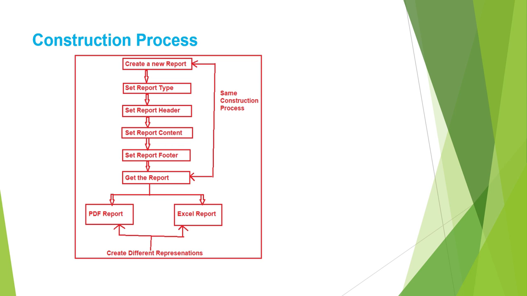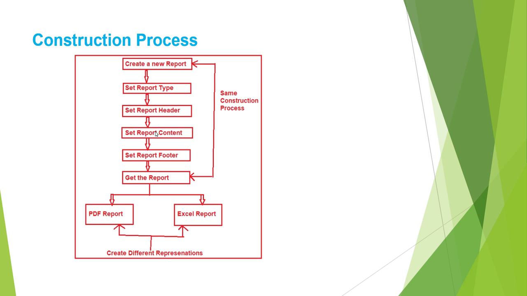Now let us understand the construction process. Please have a look at the image to understand the construction process and its representation. The generic construction process involves a few steps, such as create a new report, set the report type, set the report header, set the report content, set the report footer, get the report. So this is the construction process, right?